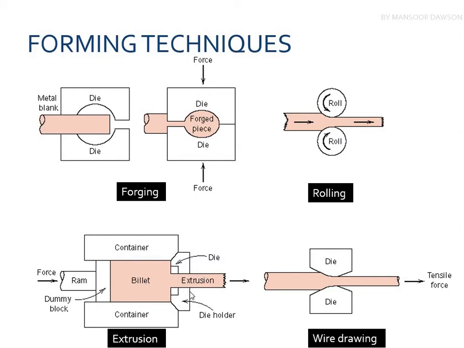You can reduce the diameter, or if you want to make any shape, you can make your die of that shape and provide the force from the ram, and your billet will come out with the shape of the die.